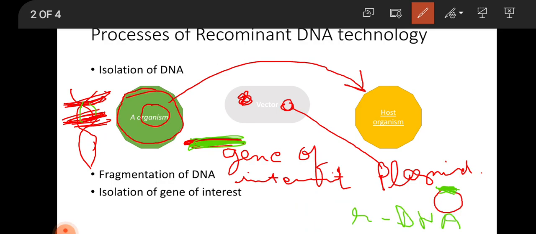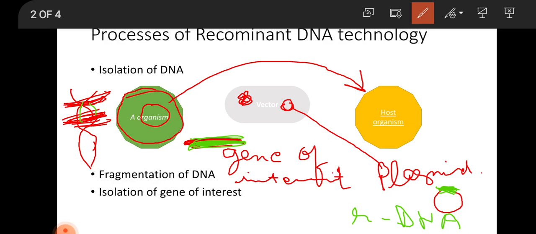This was the earlier plasmid, but when we insert or stick the gene of interest into the plasmid, now this is called rDNA, or recombinant DNA.